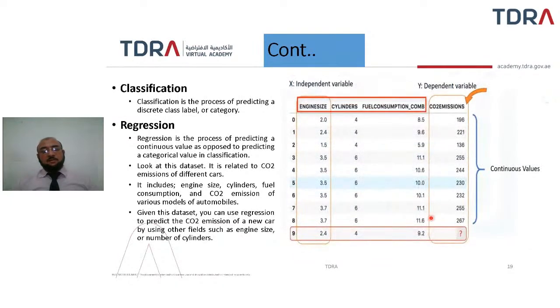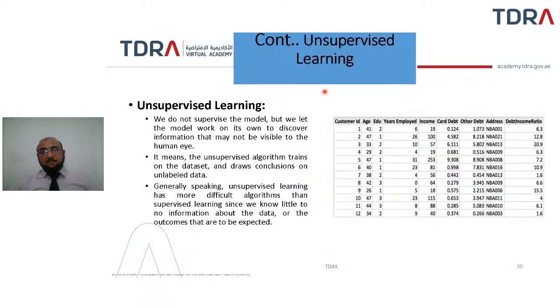As already discussed, the output values are dependent variables, and the input data, or the parameters, are independent variables. Then we have unsupervised learning. In unsupervised learning, we are not adding any labels.